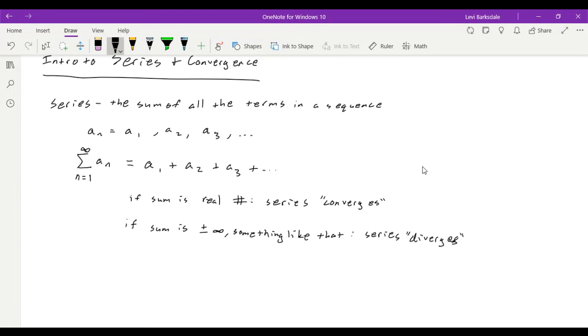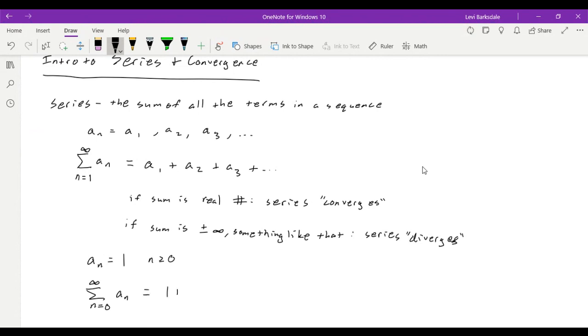Two really basic examples of a convergent series and a divergent series are, let's say we took the really simple series where every term was just 1. Well, the series would be the sum, n bigger than or equal to 0, of a sub n.